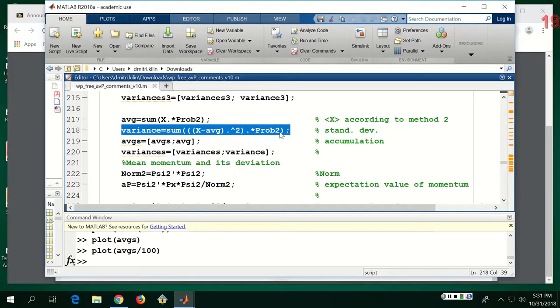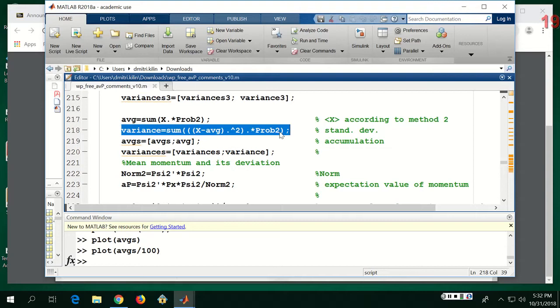So let's focus our eyeballs a couple of lines below. If you look at the variable which has plural at the end, variances, it accumulates the variance at each time step again.